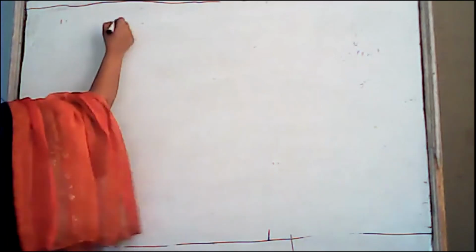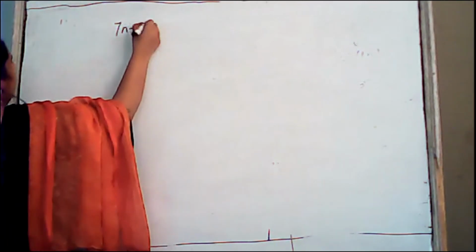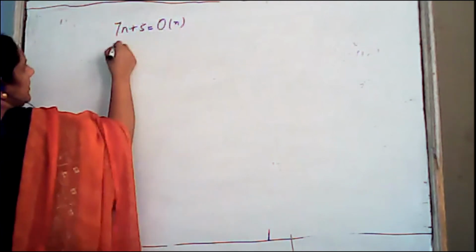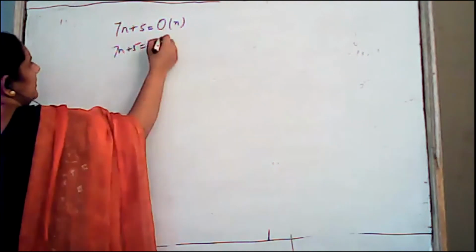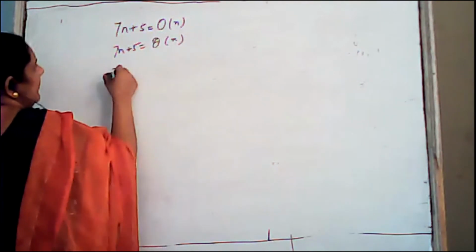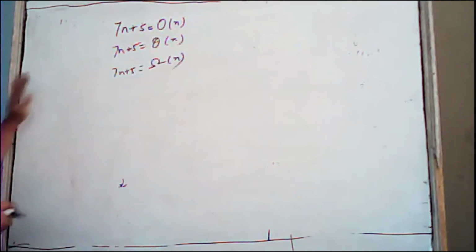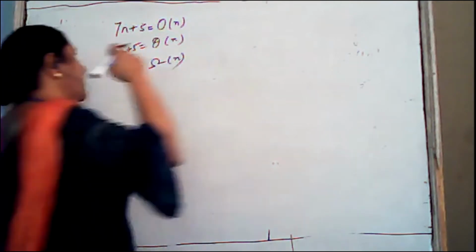Now let's do it for 7n plus 5. We have to find that 7n plus 5 is theta of n, and 7n plus 5 is omega of n. This is the problem which is given to us.